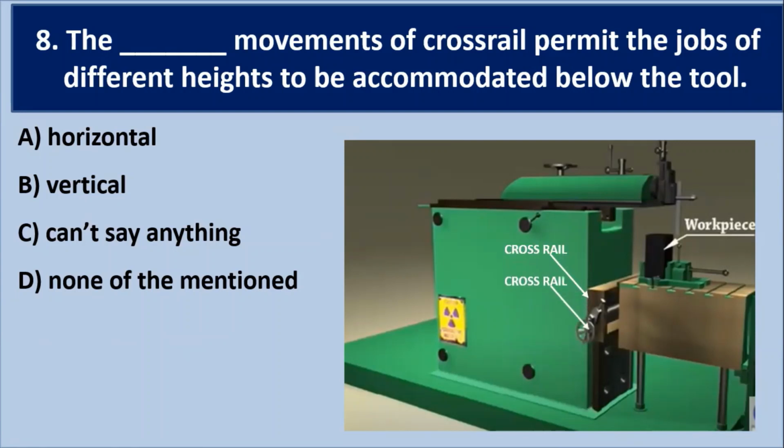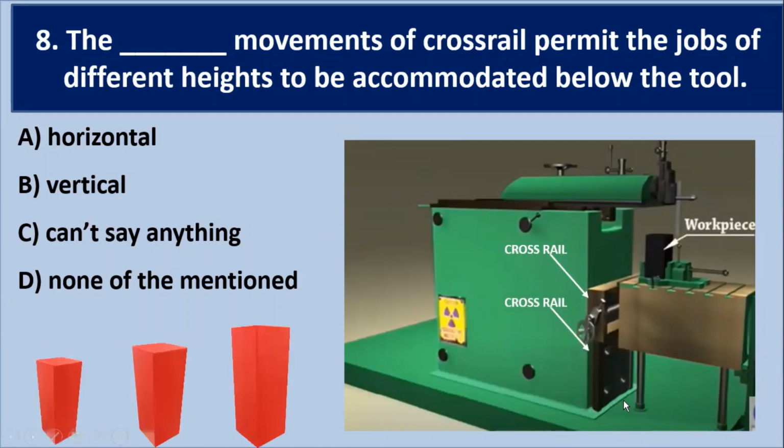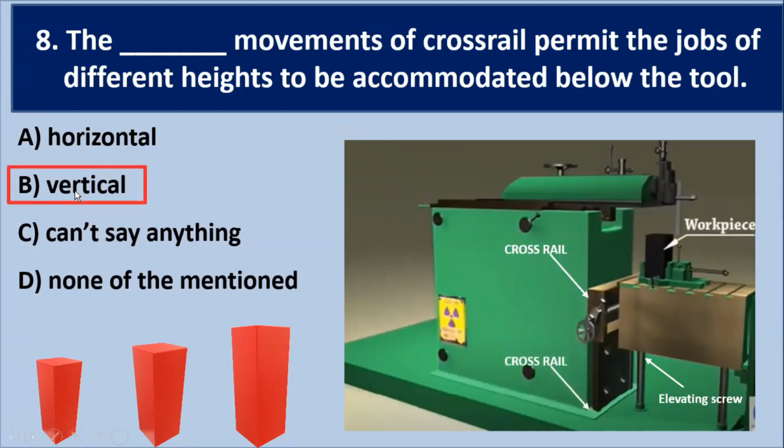This can be done with the help of the elevating screw, so that the distance between the tool and the table varies. So that we can hold jobs of different heights, and that's why our answer is B, vertical. The vertical movement of this cross rail permits jobs of different heights to be accommodated below the tool.